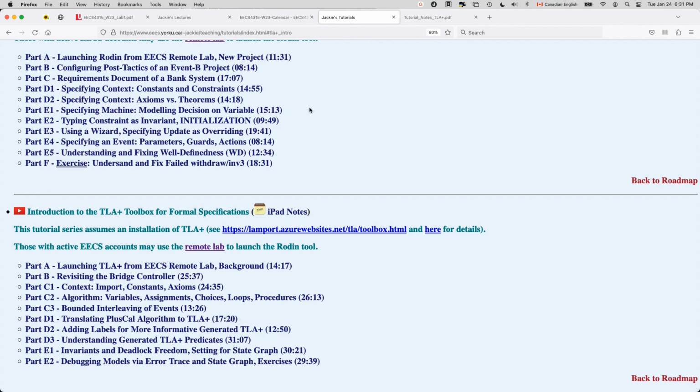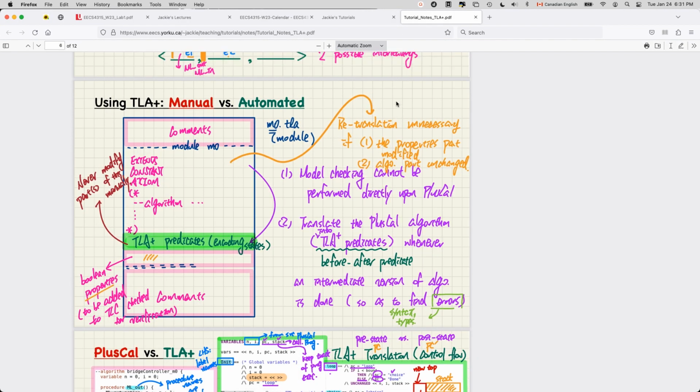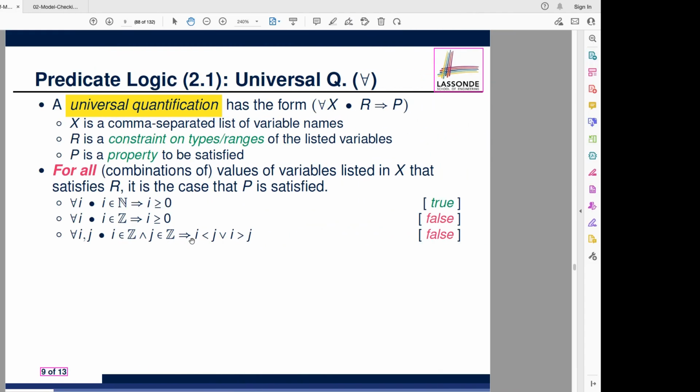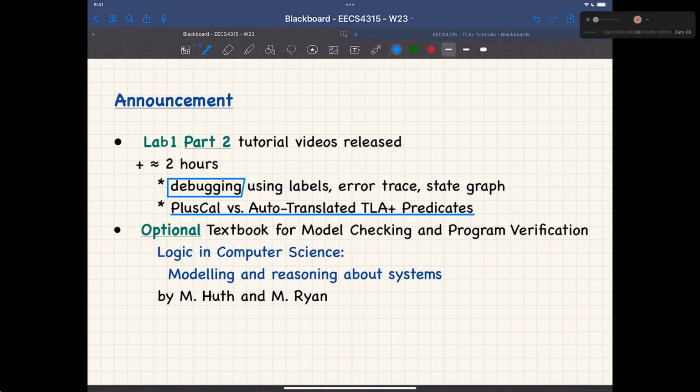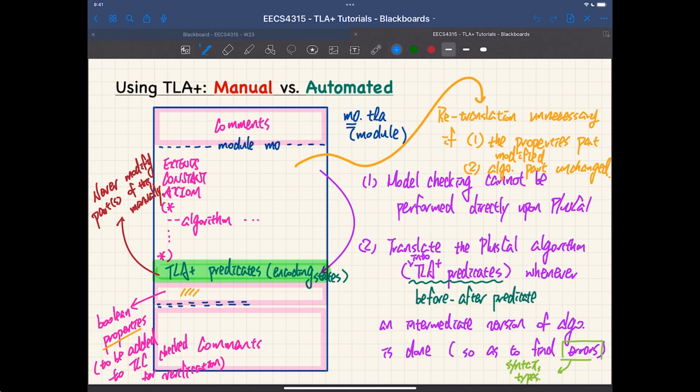All right. I just want to draw your attention to some very quick stuff about the highlights. So give you a little bit of guidance about how you're supposed to study for the part 2 of the tutorial very quickly. Okay. Of course, details you will have to take some time to digest. Number 1 is just about how the things are supposed to work in the TLA plus tool.